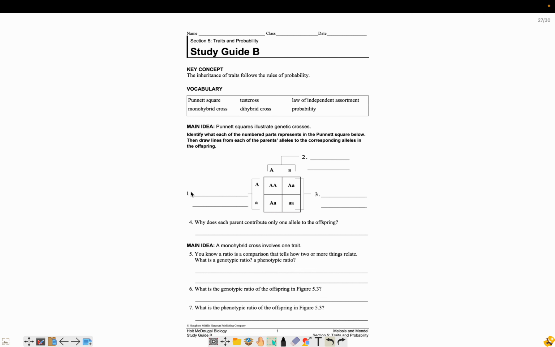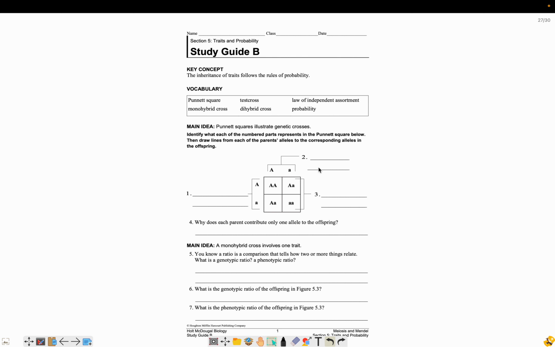So right here, put parent's alleles, and down here you could put genotype. And of course up here you have the second parent, so you can put parent two's alleles, and down here slash genotype. Remember, the genotype are the two genes that you have for every trait.